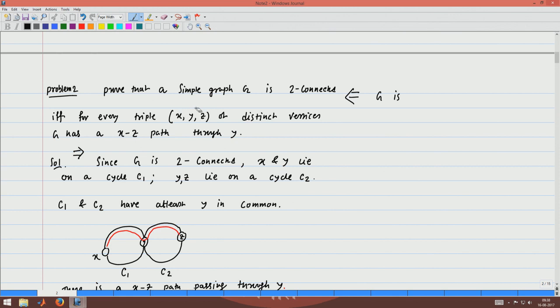So, G is connected, because between every pair of vertices there is a path.